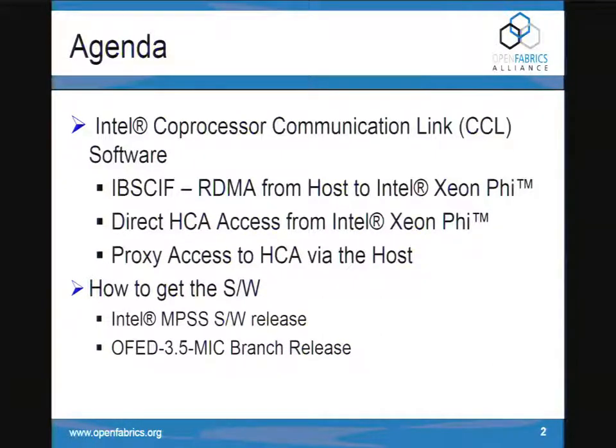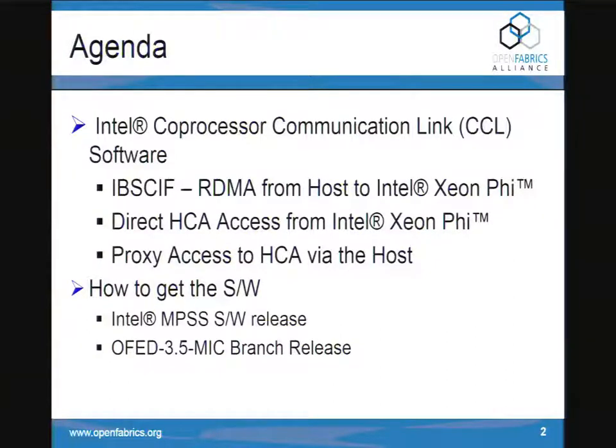And he said, well, what could we do to actually have the MPI ranks be able to access the InfiniBand device directly? And so we did a lot of brainstorming there, and that'll be the second topic I talk about, which is this Direct HCA access from the Xeon Phi.